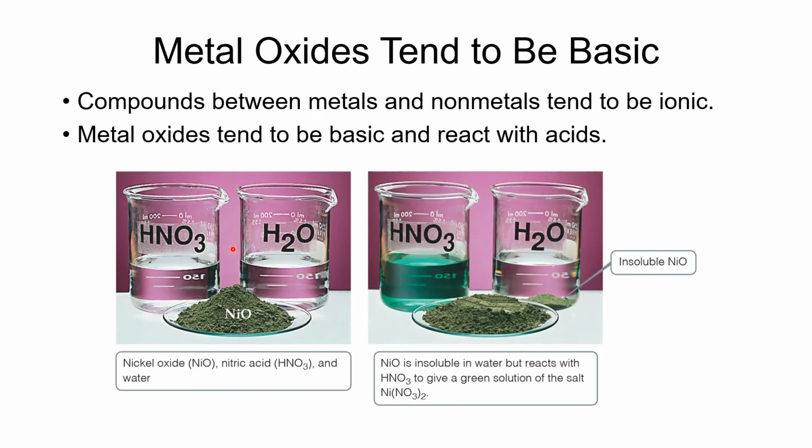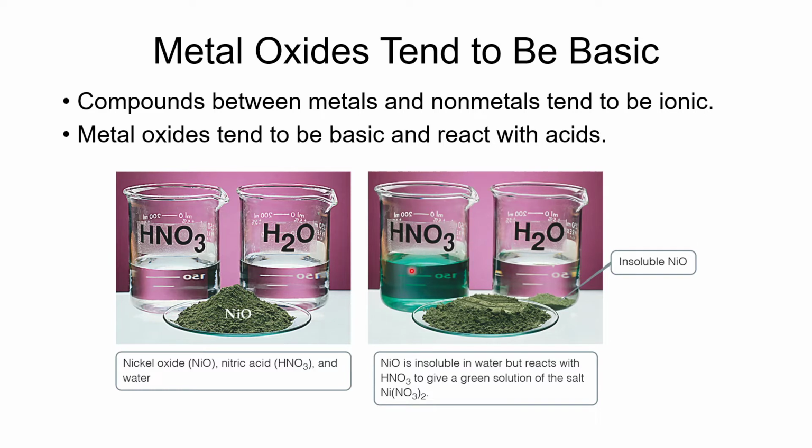So here is a picture, and we've got the metal oxide, nickel 2 oxide. On the left side here, we've got some nitric acid, and on the right side, we just have regular water. If you take some of that nickel 2 oxide and drop it into the nitric acid, it will react to give you nickel 2 nitrate in solution.